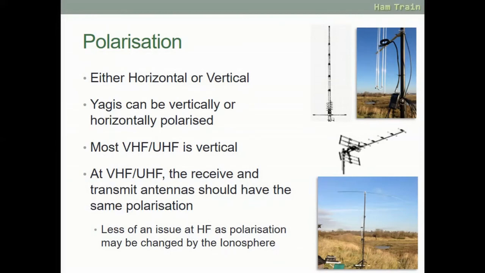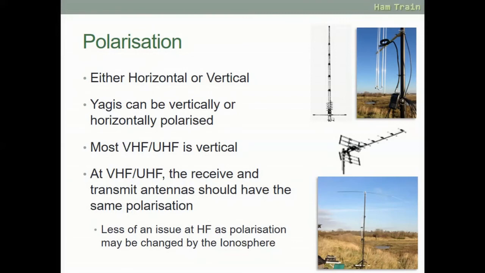We're going to look at polarization. That is essentially a posh word for which way up you have your antenna. Do you have it horizontal or vertical? Yagis can be vertically or horizontally polarized.